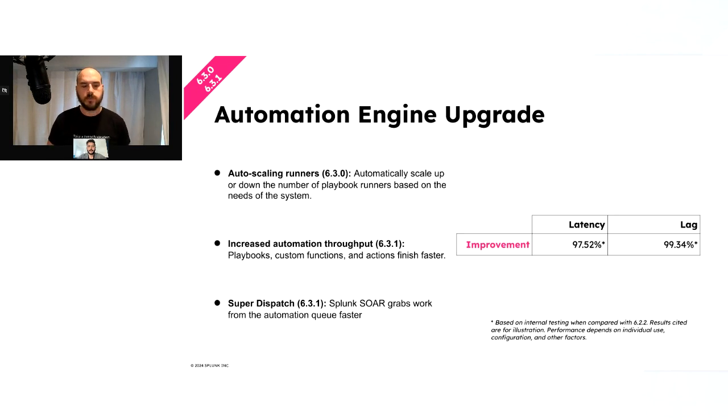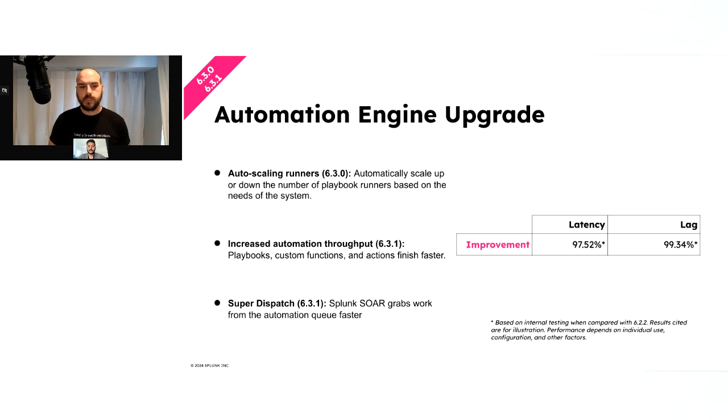The first is auto scaling runners in 6.3.0. What this does is it allows you to automatically scale up or down the number of runners based on the needs of the system. These are going to be in the form of new minimum and maximum runner counts rather than just a static runner count that you may be used to if you've used the product before.